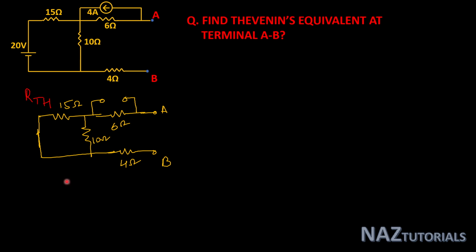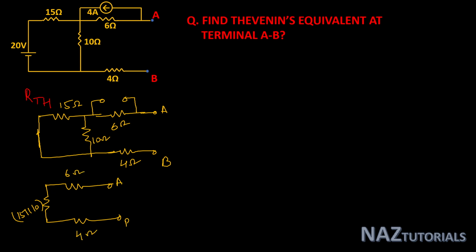Here you can see this 15 and 10 are connected in parallel. So our reduced circuit will be like this. Fifteen in parallel with 10, 6 ohm and 4 ohm.